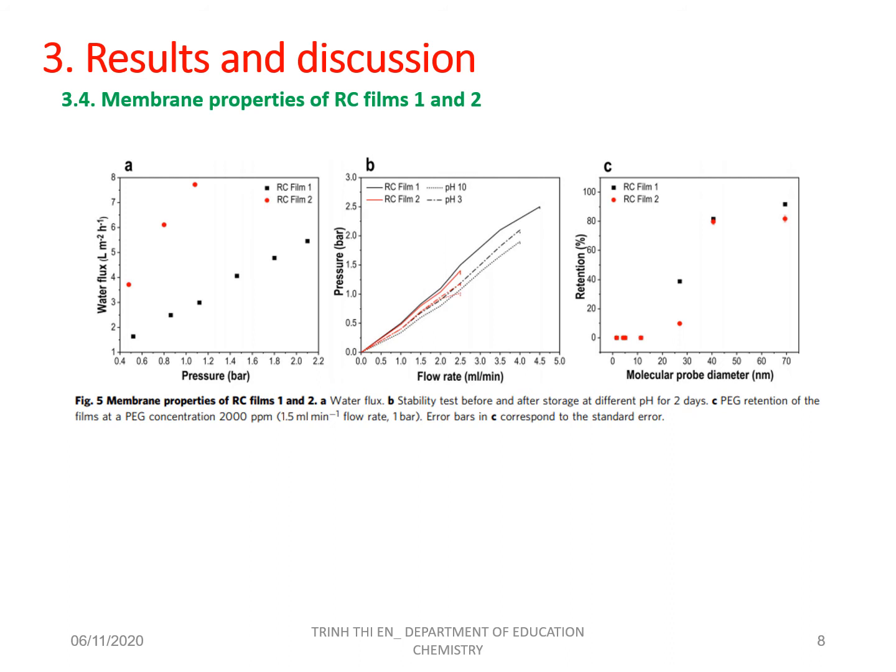liter per square meter, and 8 minus 1 here is in other atmosphere almost 1.2, and for film 1 the flux is more than 5, at almost more than 2 bar pressure.